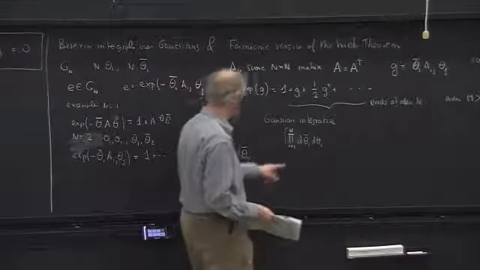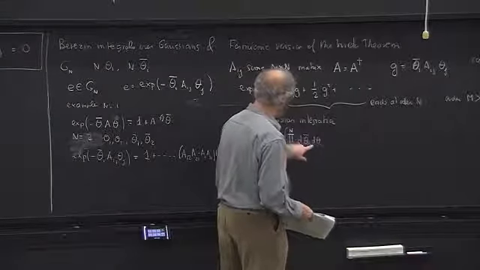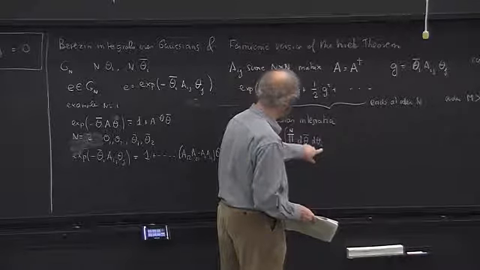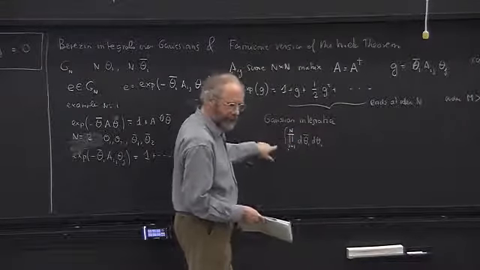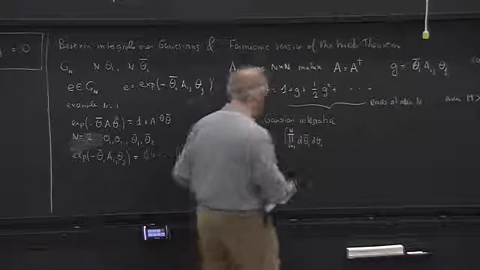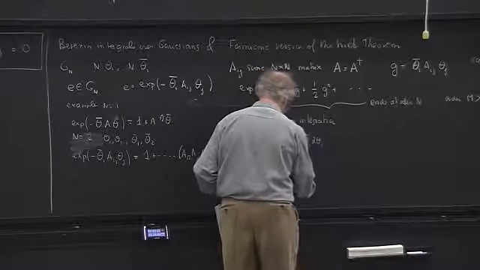One has to be careful about the order of integration. This means that I'm integrating first over d theta 1, then over d theta bar 1, then over d theta 2, then over d theta bar 2, etc. So be careful with the ordering.